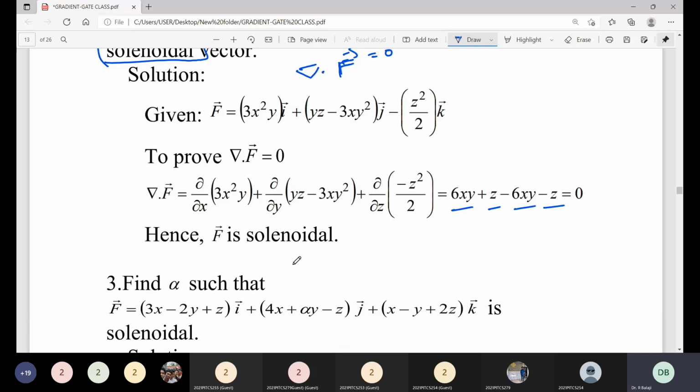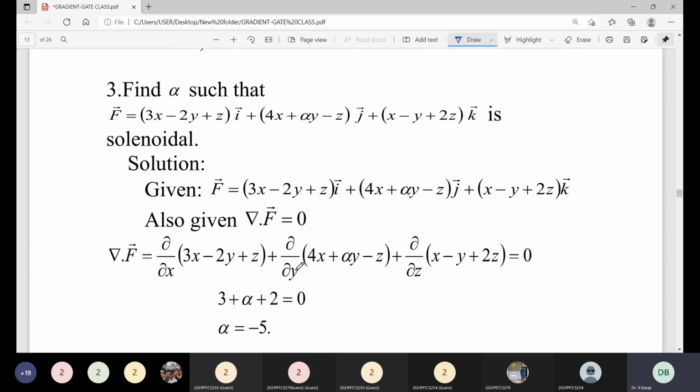Next, find alpha such that F vector is equal to (3x minus 2y plus z) into i vector plus (4x plus alpha y minus z) into j vector plus (x minus y plus 2z) into k vector is solenoidal. Solution. Given F vector is equal to this.